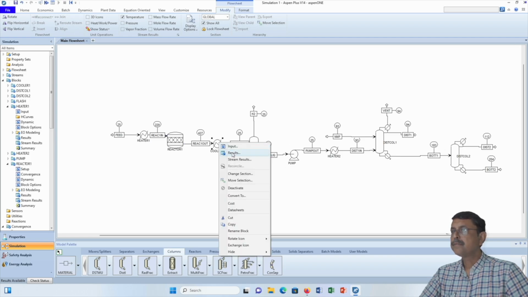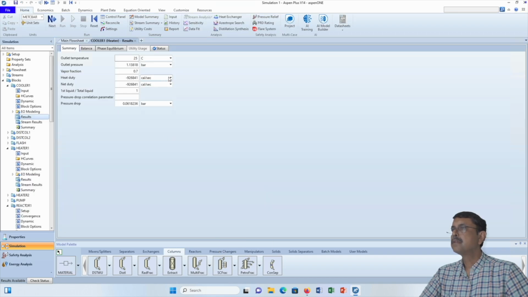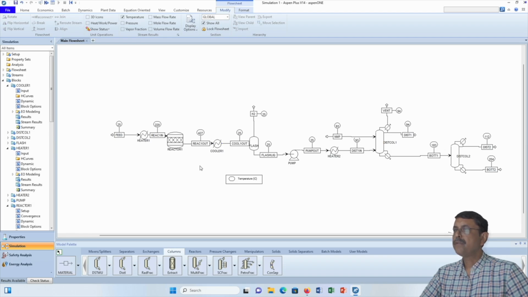And the cooler, we are losing heat, 3.8 megawatt. Okay, so obviously we can use some amount of heat to preheat this one, right? So we'll explore it later.